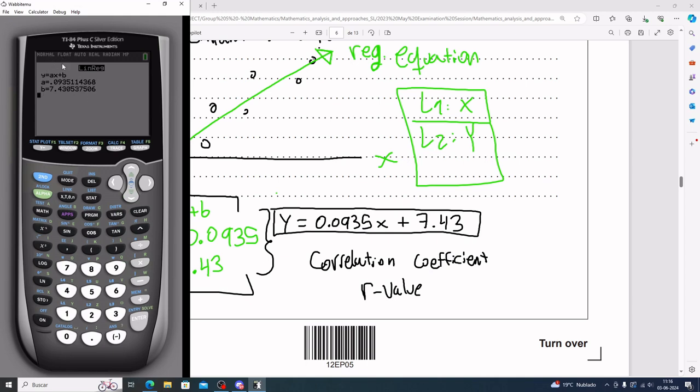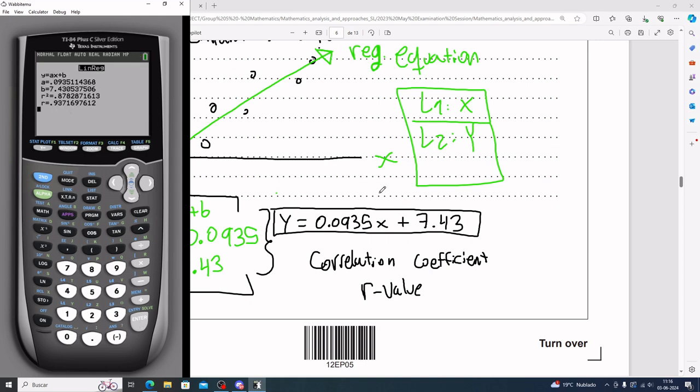So to have it show up, you press mode. You make sure that you have stat diagnostics turned on. And now if you do line reg again, you're going to see that they give you an R value.